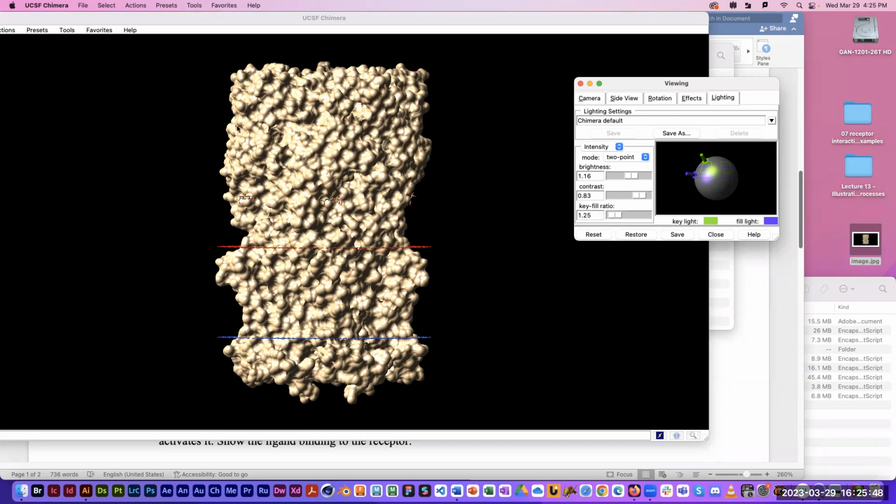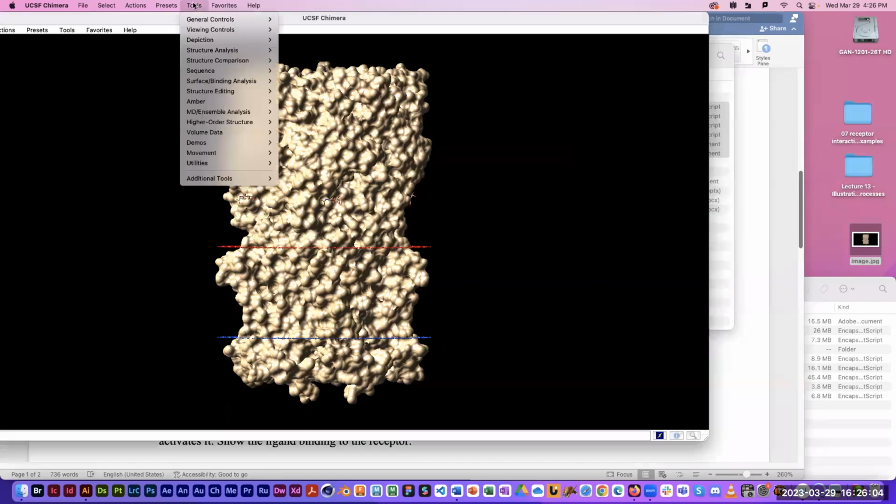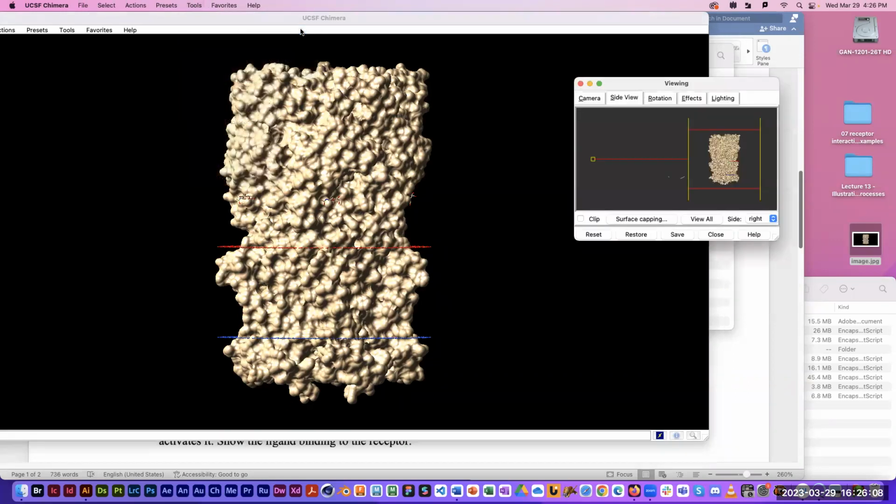So you might also want to illustrate some of these channels in cross-section. There's an interesting thing you can do in Chimera that I haven't shown you before. Under Tools, Viewing Controls, there's a thing called Side View.